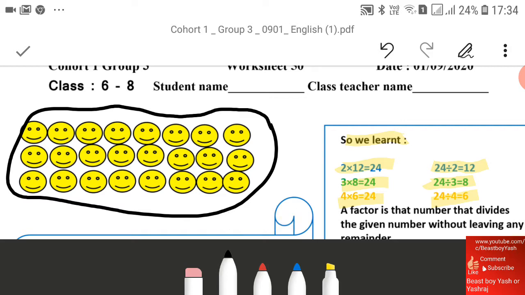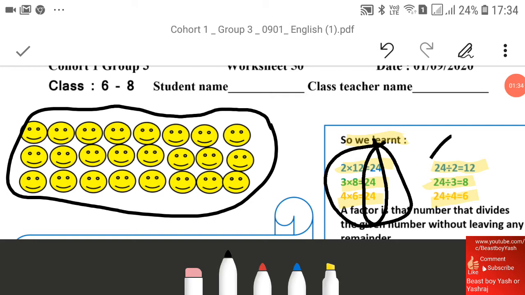So by this you can also check your multiplication and division. For example, I have done these divisions. First I have to copy my answer, and then it depends on whether I divided by this number or this number. Suppose I divided it by this number, so my answer will be this number, so my answer is correct.